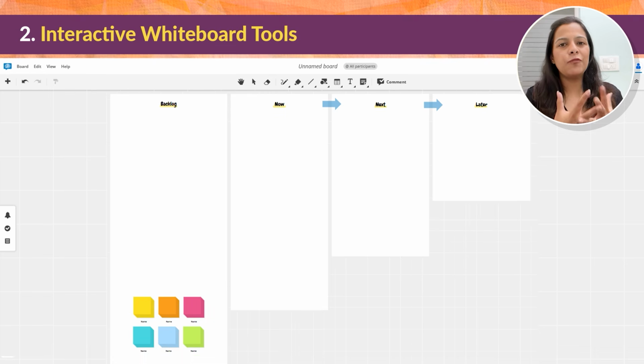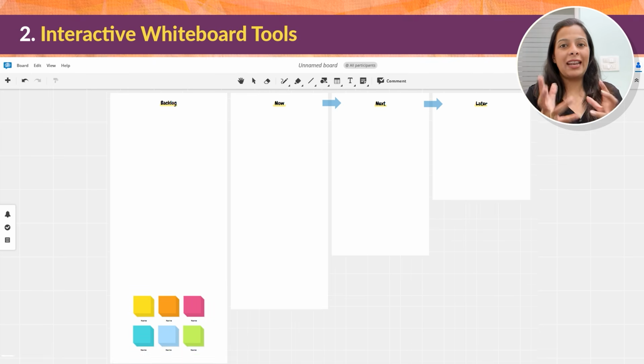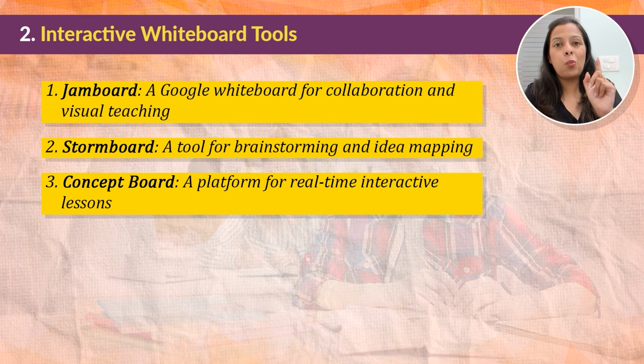It's a collaborative platform that allows interactive lessons with real time engagement, something similar to what we just saw in case of Jamboard and Stormboard. It's ideal for teachers who want to bring students together virtually to brainstorm ideas, organize their thoughts, and even have engaging discussions.